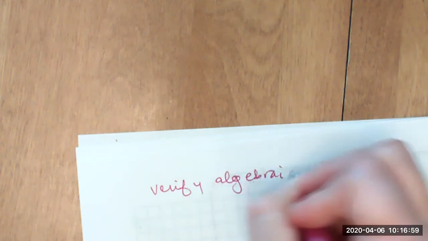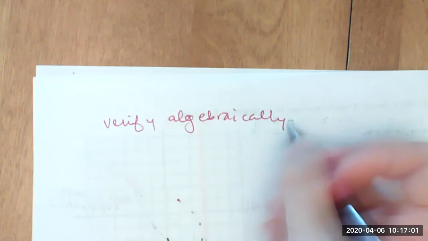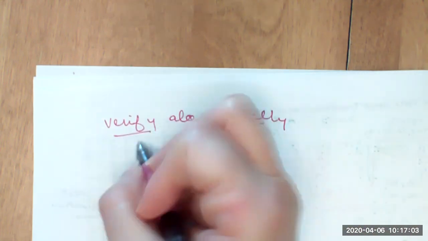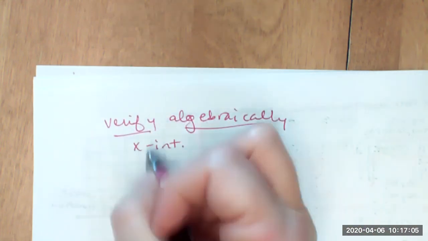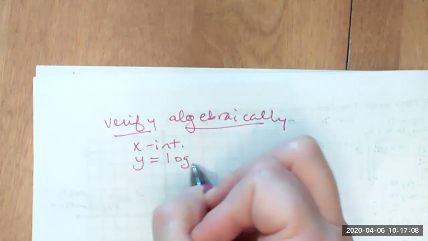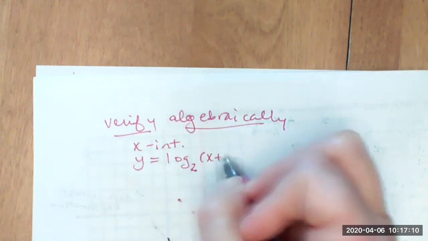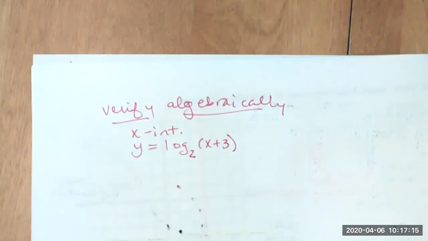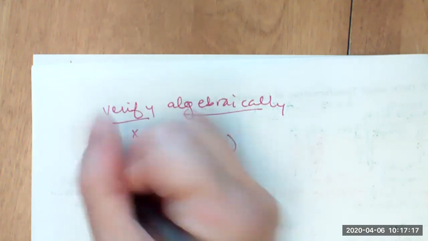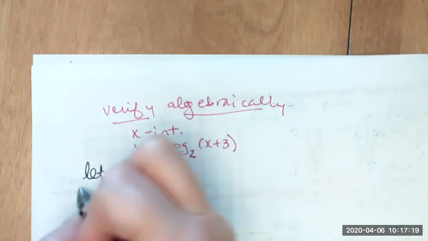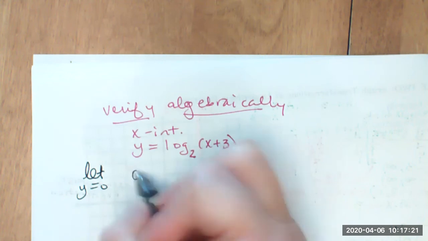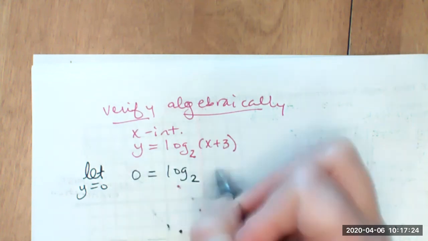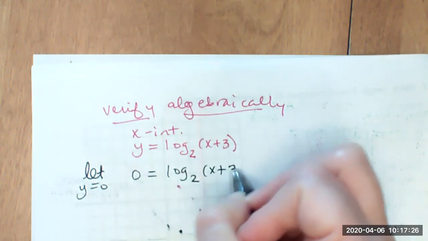So we're going to verify algebraically the x-intercept of y equals log base 2 of x plus 3. Okay, so as you all know from prior knowledge, to find an x-intercept, we let y equal 0. So let's go ahead and do that. 0 equals log base 2 of x plus 3.